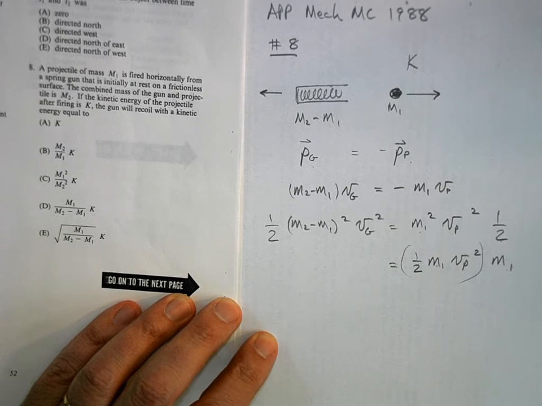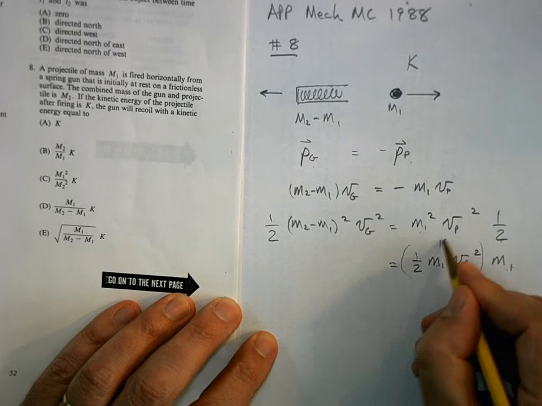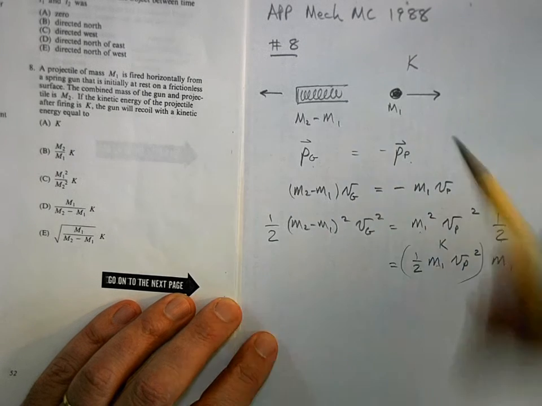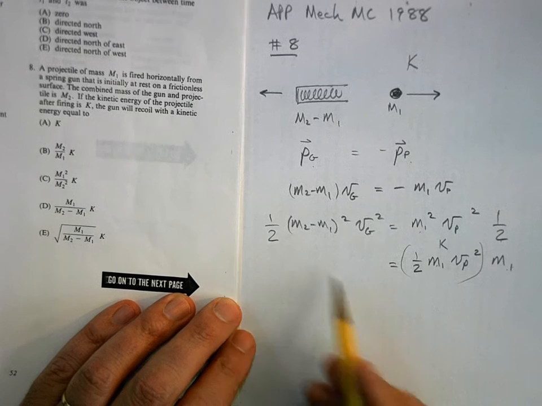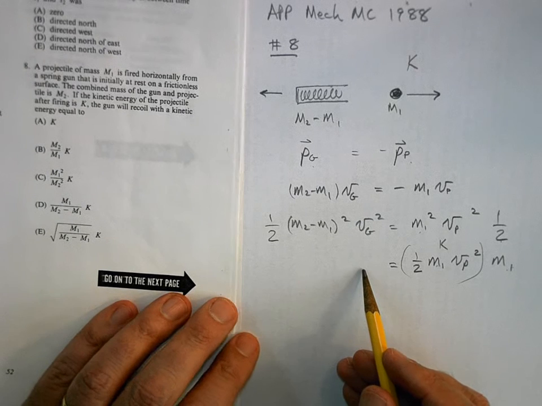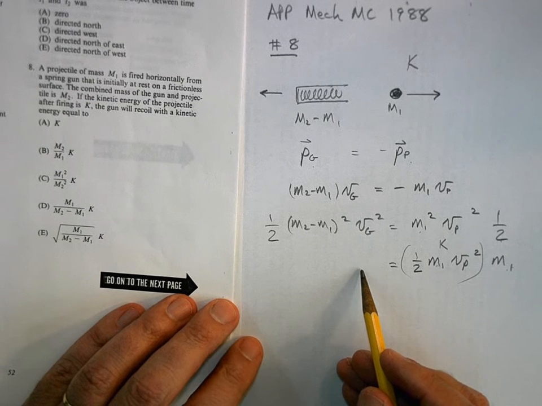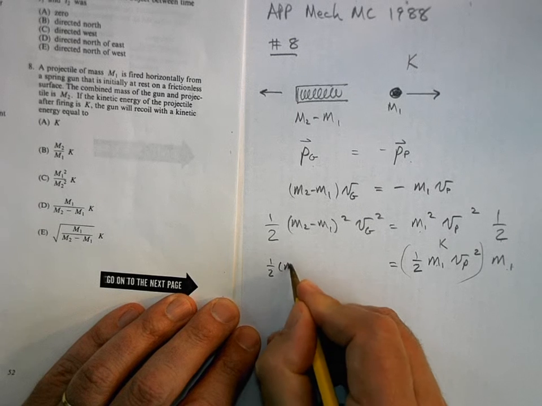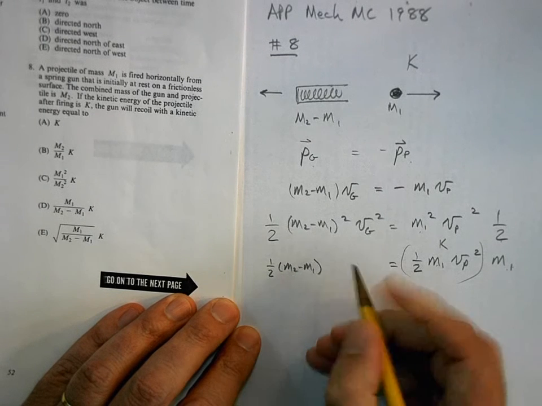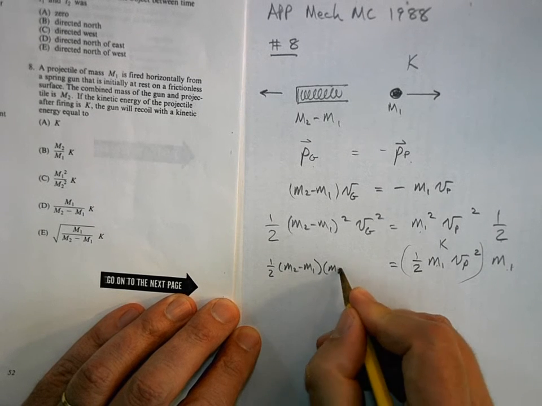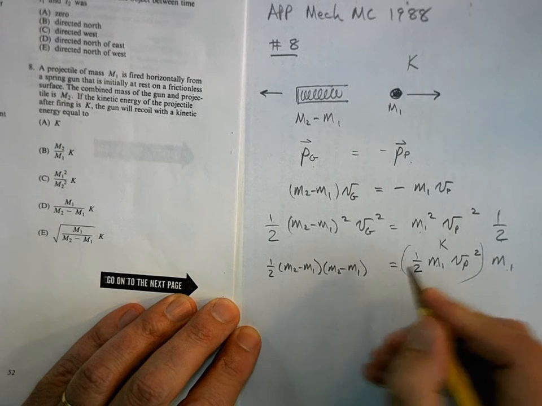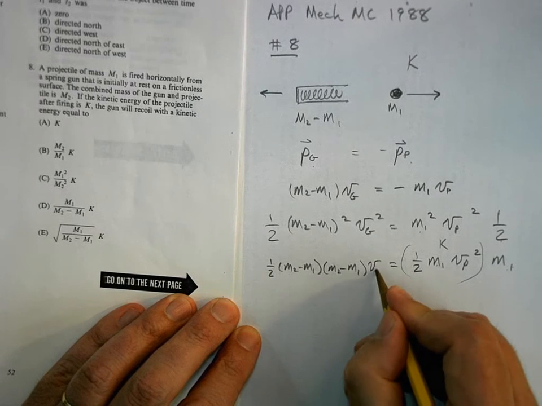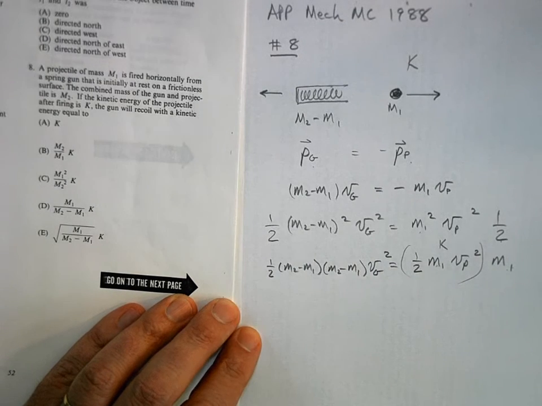What is this? This is the kinetic energy of the pellet. And so what have I got over here? I've got 1/2 times M2 minus M1 times M2 minus M1 times the velocity of the gun squared.